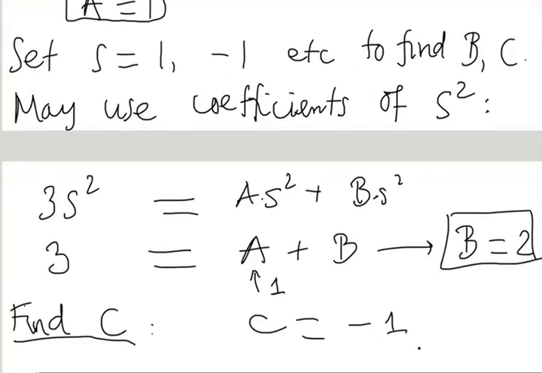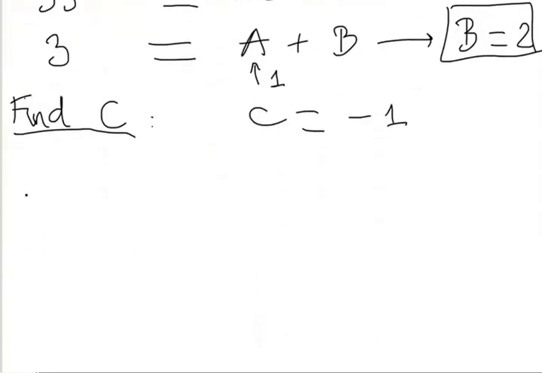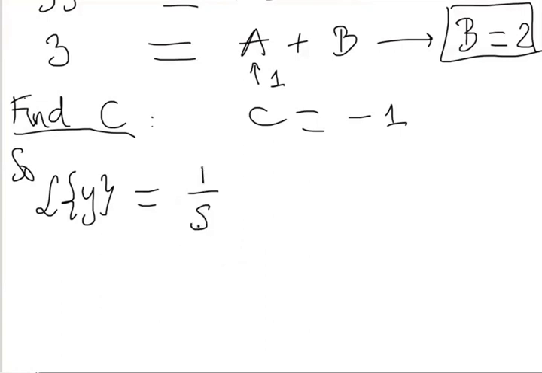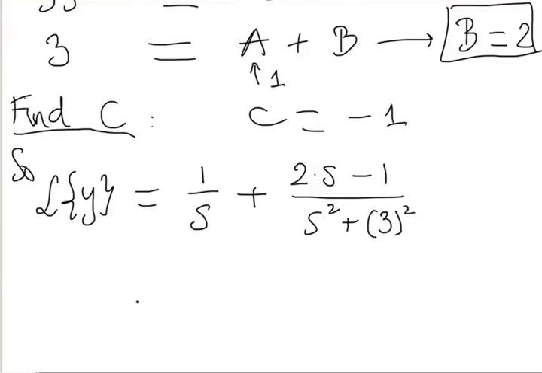Using partial fractions, we have written the Laplace transform of y as a over s, but a above is 1, so 1 over s, plus b, which is 2 times s, and c is negative 1, over s squared plus 9. 9, I should write as 3 squared.